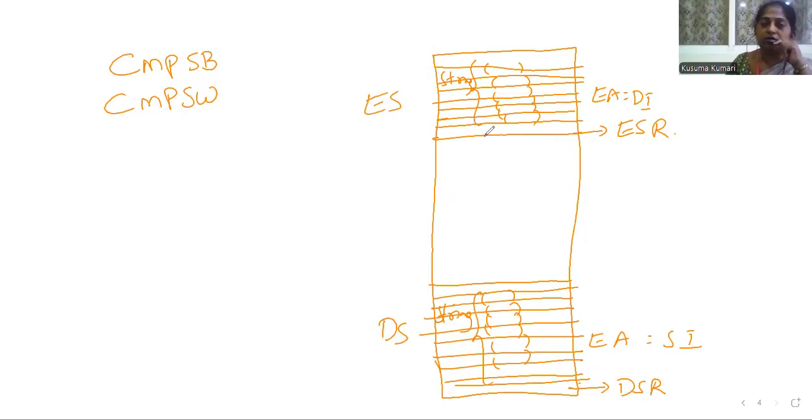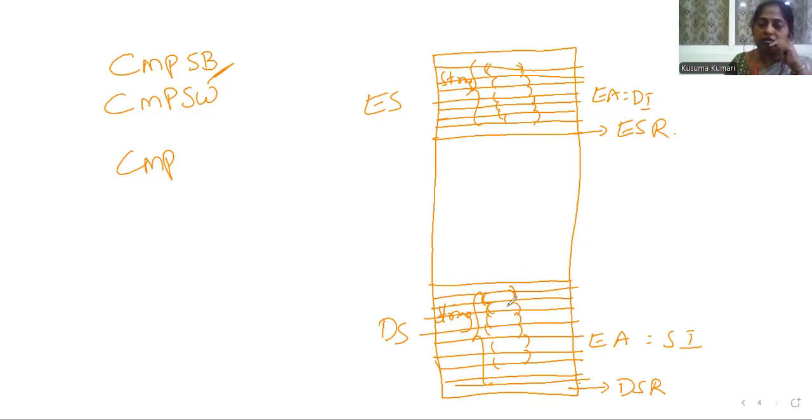Now compare string byte. Compare string byte means the data segment string byte is compared with the extra segment. We already know the compare instruction, which we discussed in the arithmetic instructions. So the microprocessor performs the string byte comparison between the data segment and the extra segment. Byte means only a single byte.